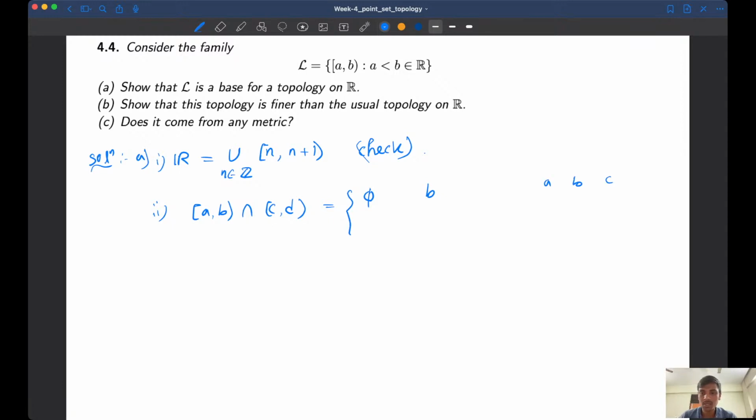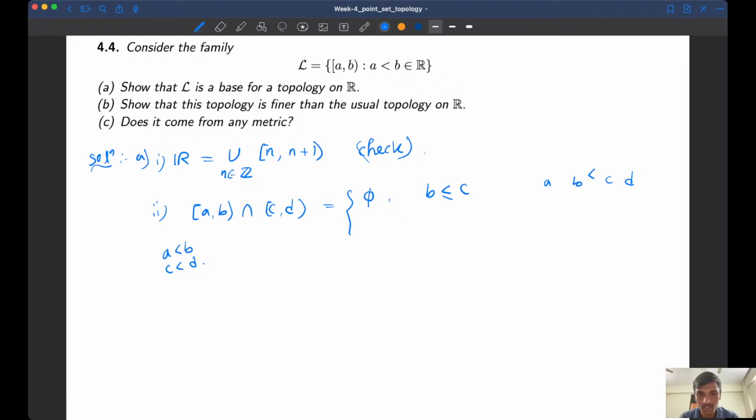If B is strictly less than C or even less equal to C, then it is clearly always phi, right? And if B passes over this thing, so let's say A less than B and C less than D is always satisfied.